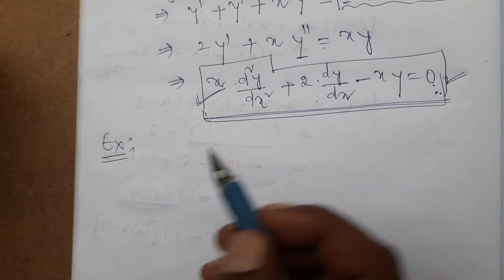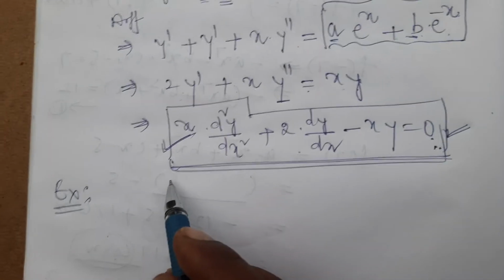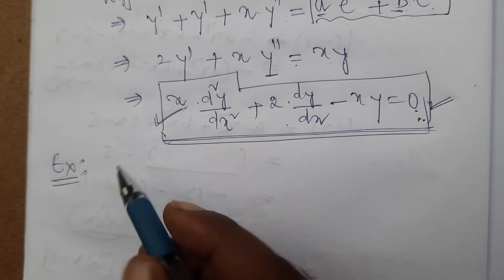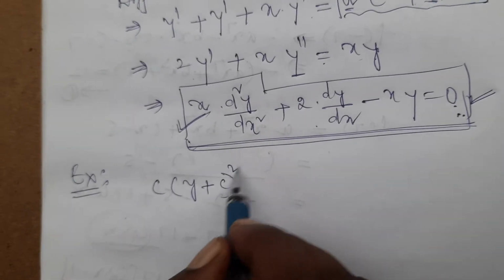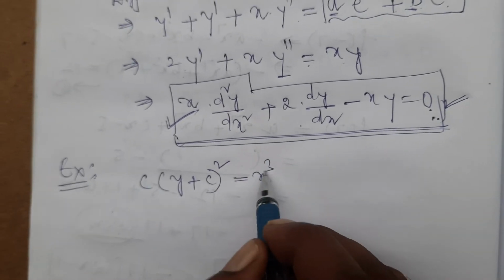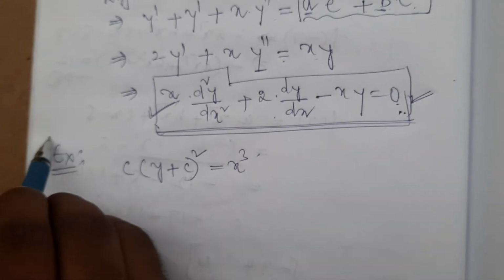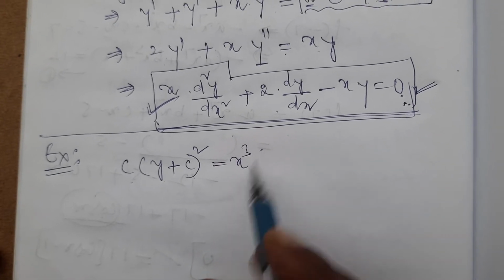Here the example is: find the differential equation whose family of curves is given by c into y plus c whole square equals x cube.